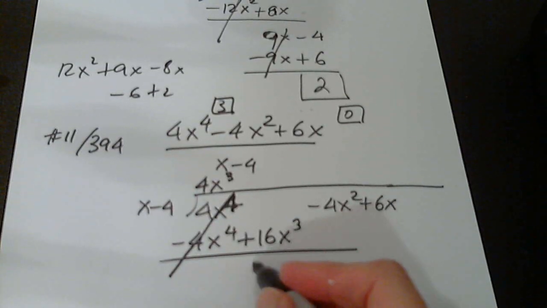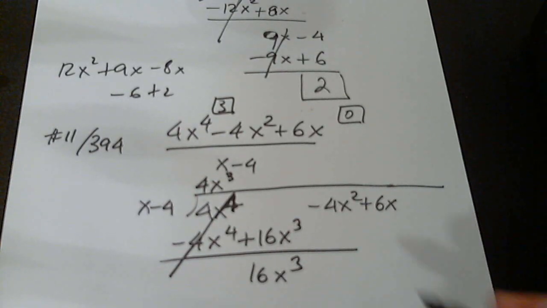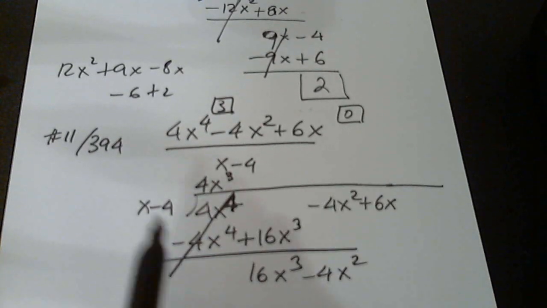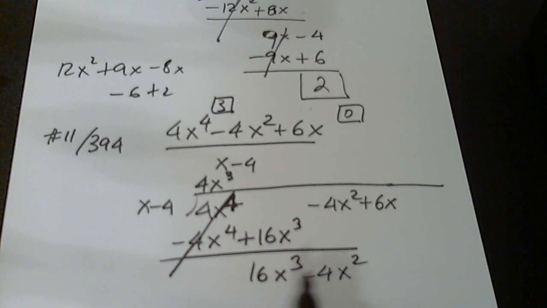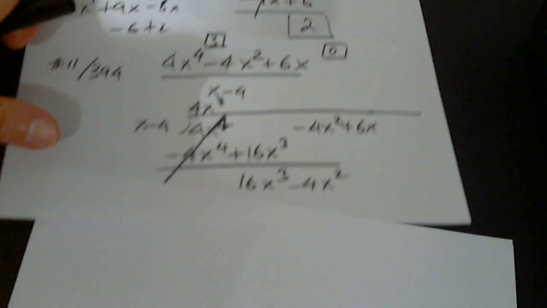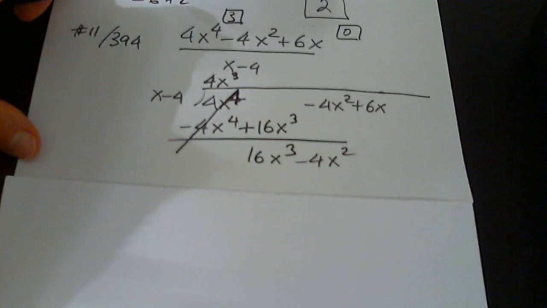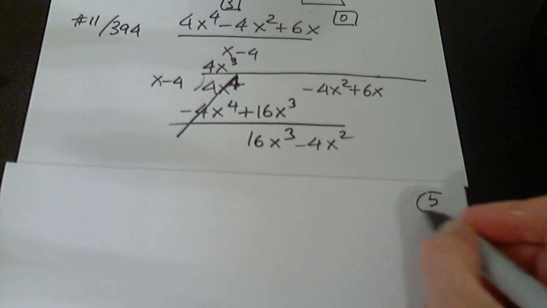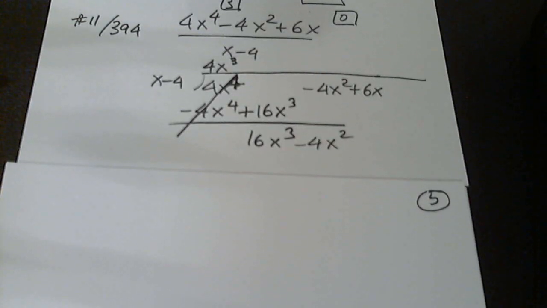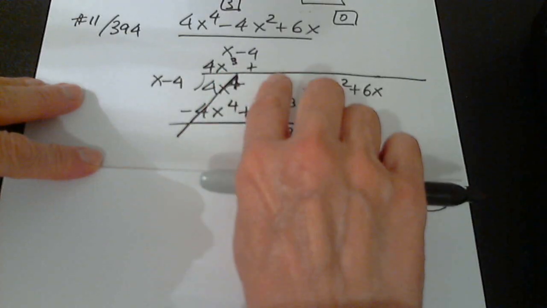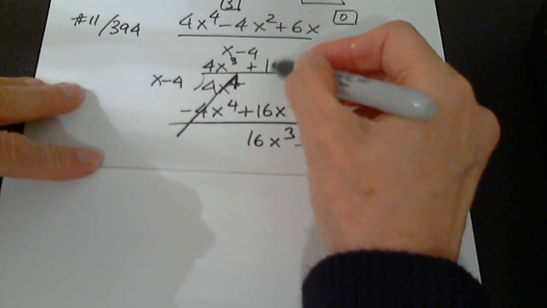Nothing plus 16x cubed is 16x cubed. I bring down the next in line. x times what is 16x cubed? 16x squared. Remember, if this is cubed, the next one has to be lower.